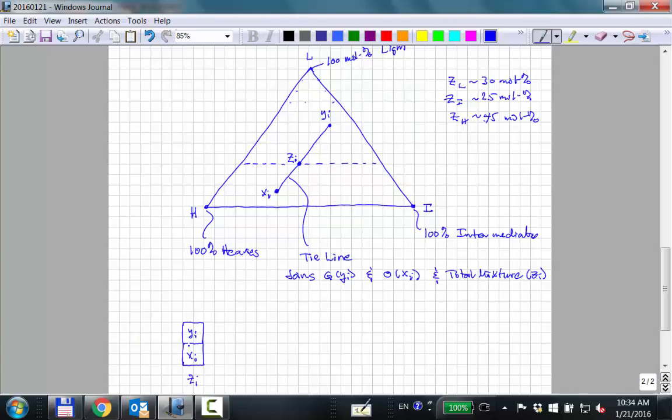Now, nature is such that if we were to take away 90% of the gas, okay? If we were to take away 90% of the gas, so that it looks something like this.